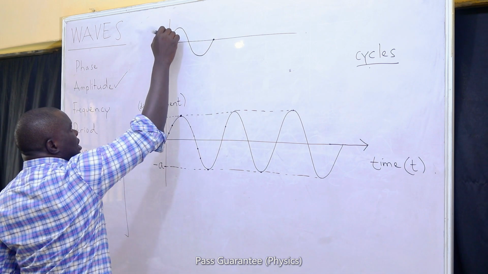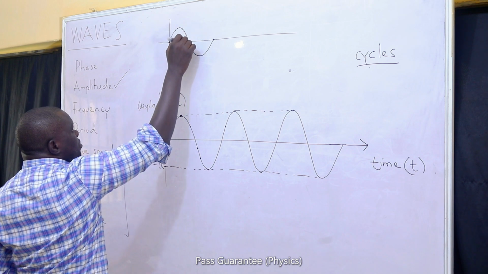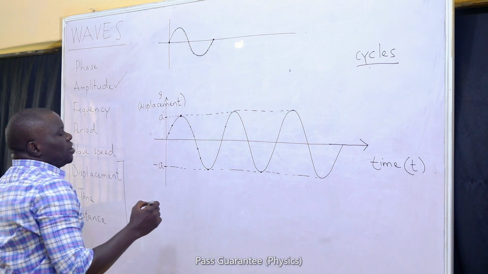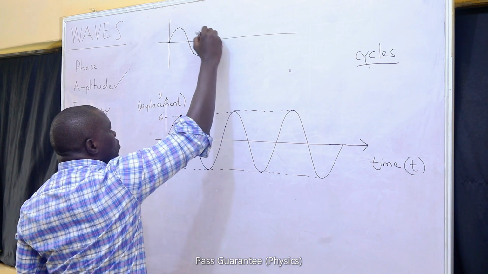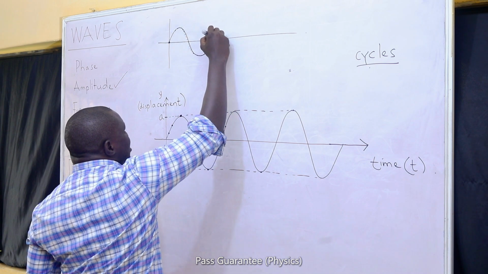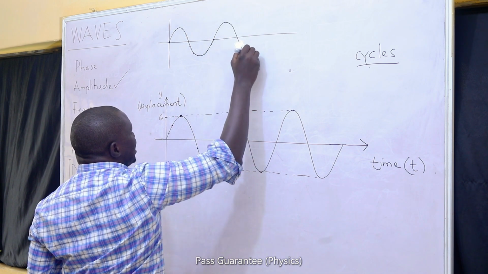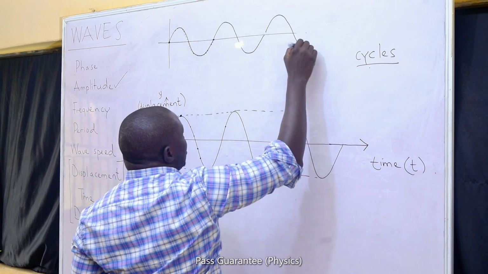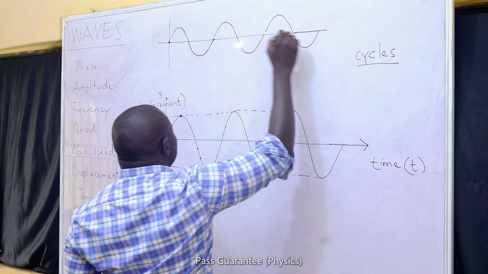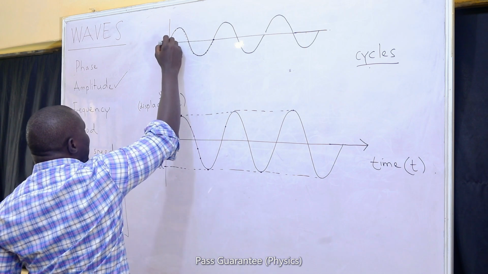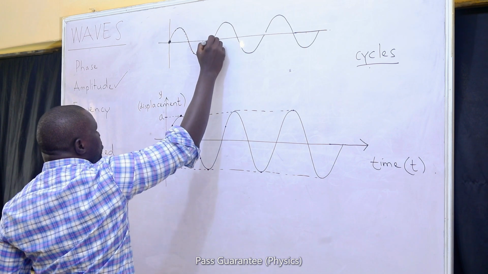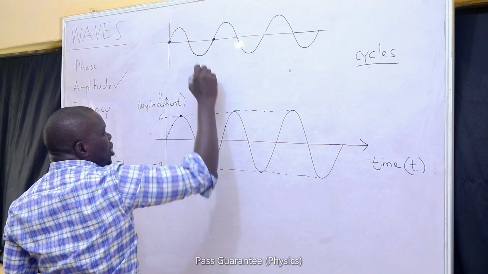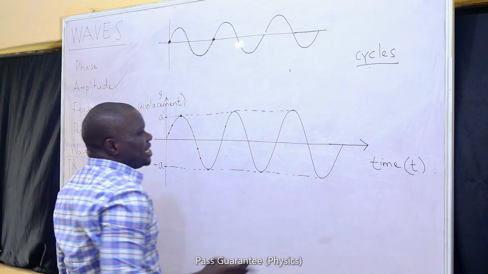There's no displacement that it has not covered, and it has covered all displacements in all directions. If it continues from this point, it's just going to start repeating the pattern that it has before. So the whole of the pattern from this point to this point, where it has covered all displacements in all directions, is what we refer to as a cycle.